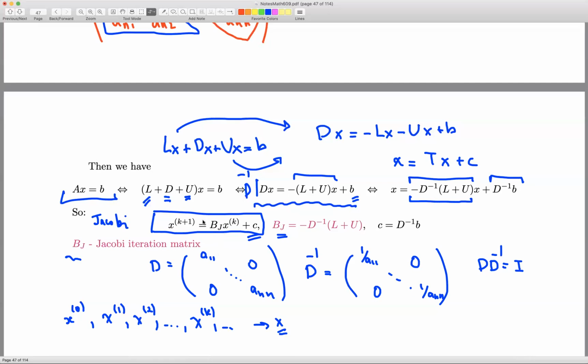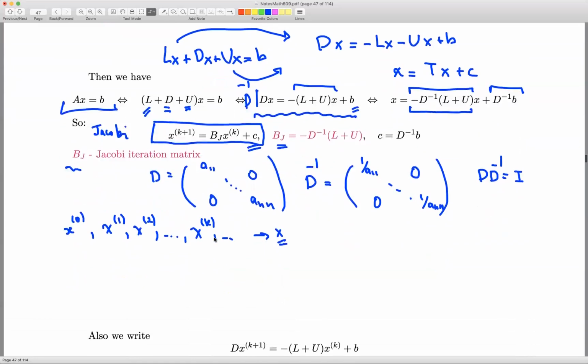Not every matrix A will give you a matrix B_J that has a spectral radius, for example, less than 1, or a matrix B_J for which some induced matrix norm is less than 1.